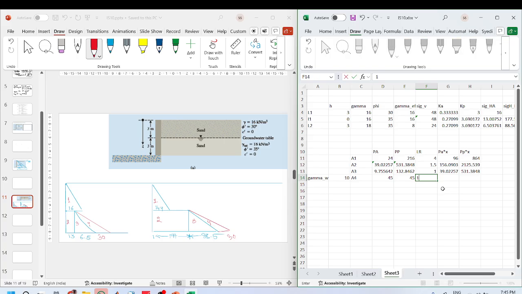Again 1, this will be the same. And then we calculate the total.